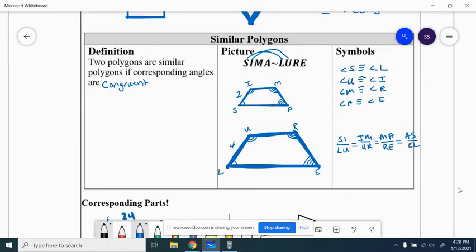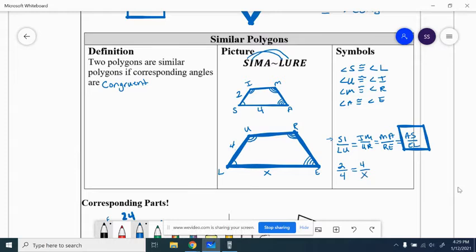Okay, so if I didn't know one of these values, let's say I know that SA is 4 inches, how would I find X? Well, if I were to substitute these out, SI we said was 2, so I'm just replacing the segment with the distance, and LU is 4, and SA is 4, and LE, we don't know.